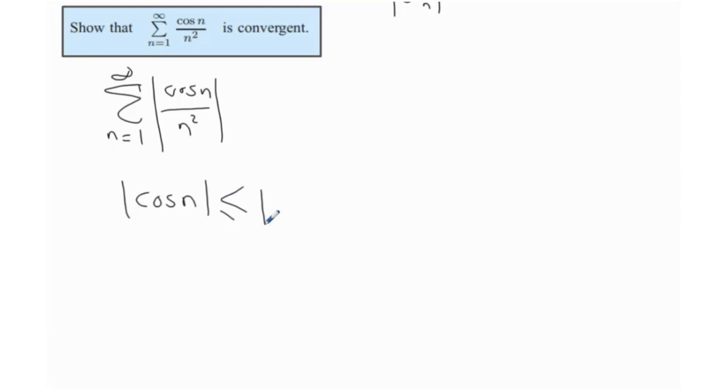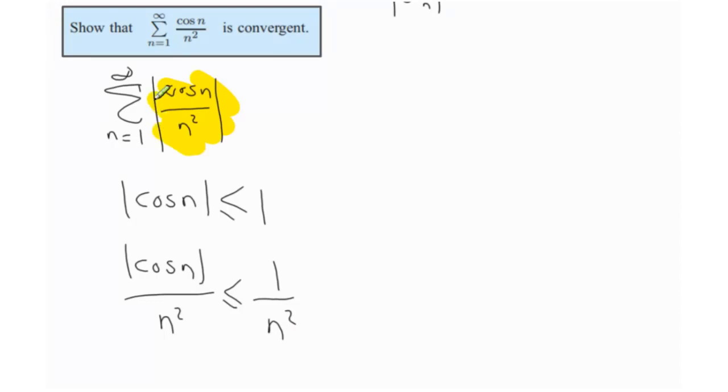Now we're looking to get a situation where we can use a comparison test. So the absolute value of cos n over n squared must be less than or equal to 1 over n squared. Remember, n is always positive for a series, so n squared is definitely positive.